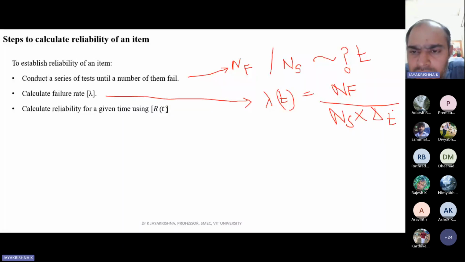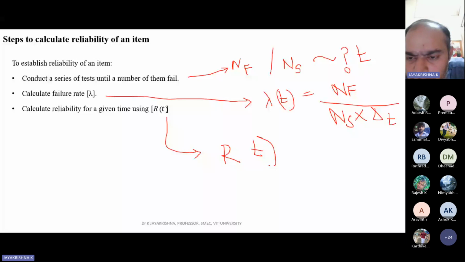Okay, are you able to understand? When I conduct a reliability test, I can know the failure rate of the particular product. Correct? Once I know the failure rate, I can calculate the reliability at time t.